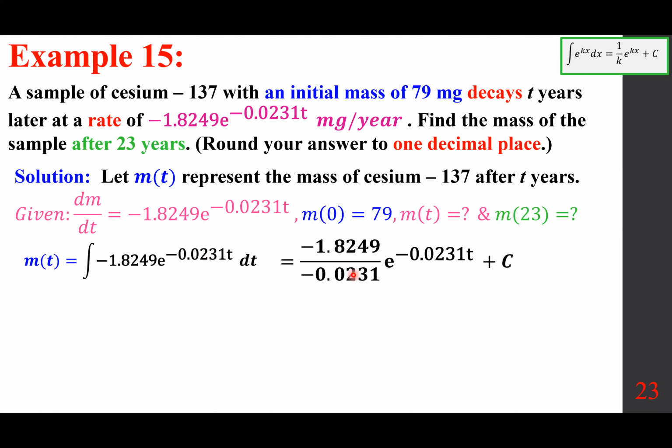When we divide, and again, you can put it into a calculator, it becomes 79. And m of 0 is 79. So if I put here 79 and I replace this with 0, m of 0 is 79.